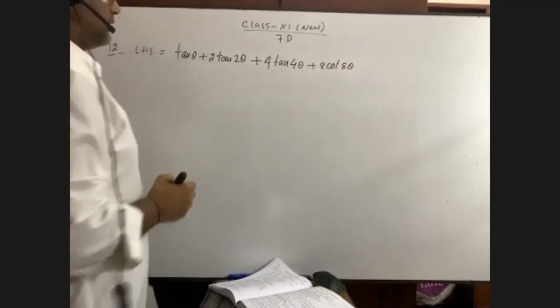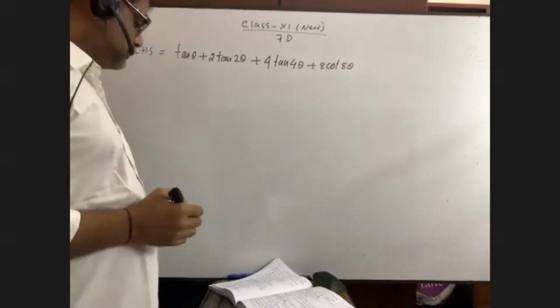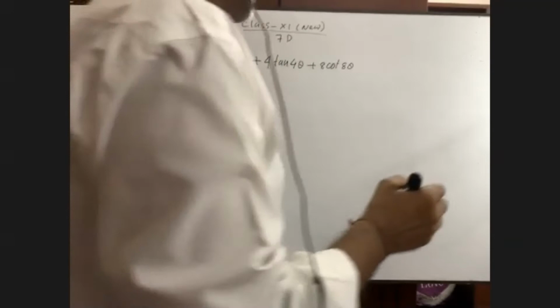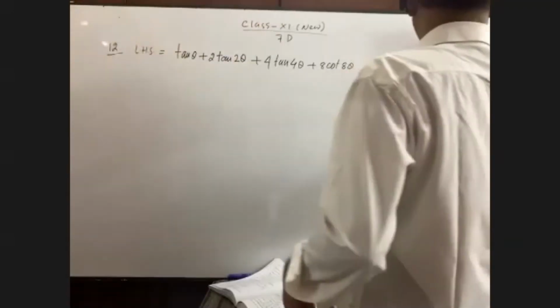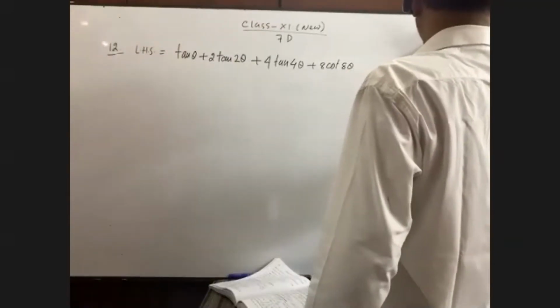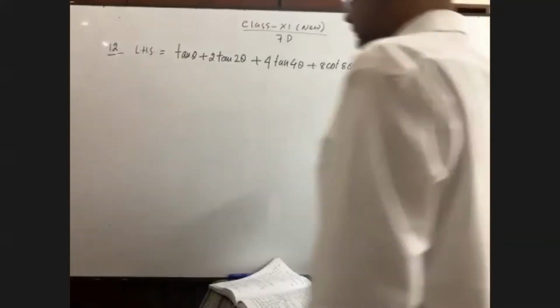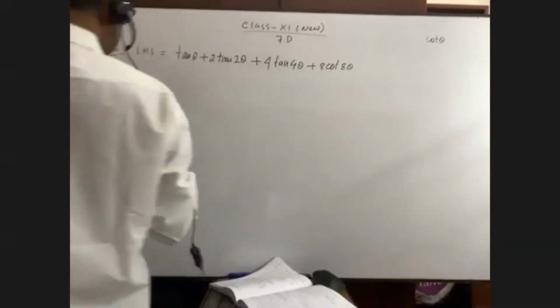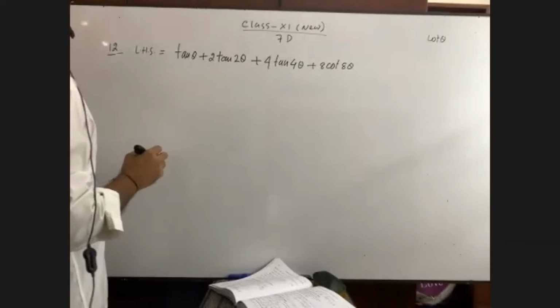This is the left hand side, okay? And right hand side is cot theta. So let's try to do this math, okay?